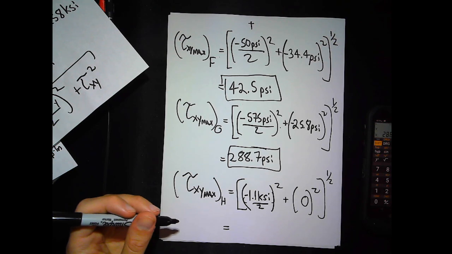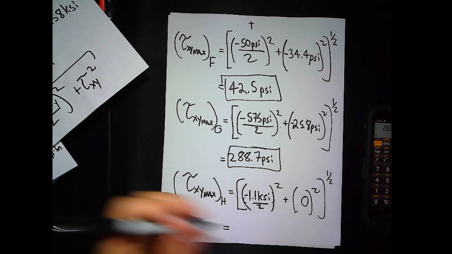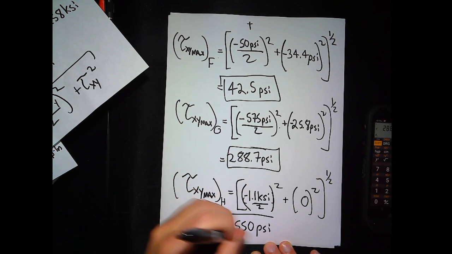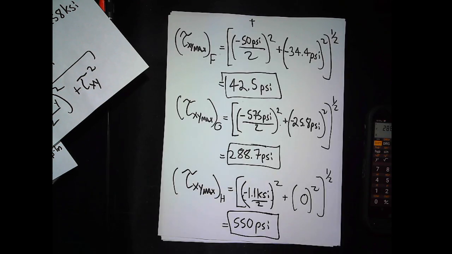So essentially it's just 1.1 over 2, or 550 psi. That's maximum shear stress at that top point. All right, so that's that. Okay, so that's part 1.